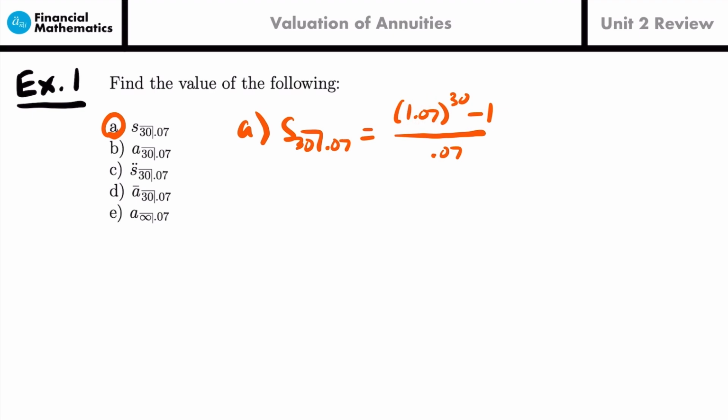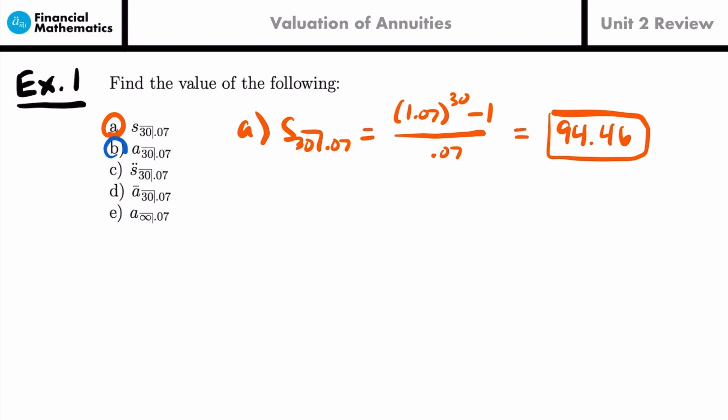It's an accumulation factor of 1 plus the interest rate to the power of n minus 1 divided by the interest rate, okay? That is the formula that corresponds to this notation. And so if you plug that into your calculator, you will get that the future value is equal to $94.46. That is the value of that annuity.